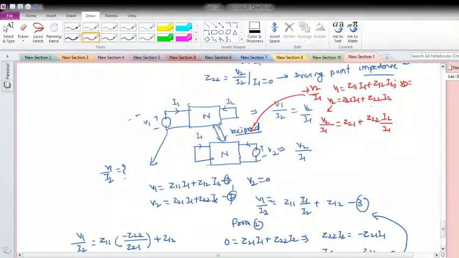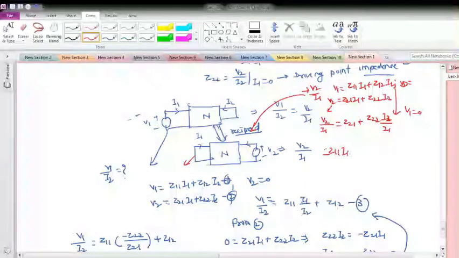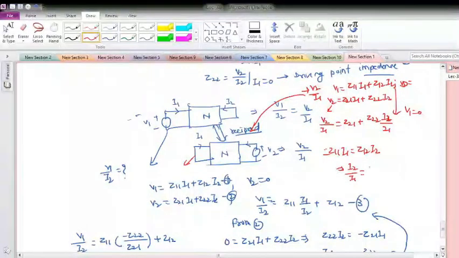And from equation 1, the first input port is short circuited, so V1 is 0. So from that also I can obtain the I2 and I1 relation, because minus Z11 I1 will be equal to Z12 I2. So I2 upon I1 I can write as minus Z12 upon Z11. That I will substitute here.